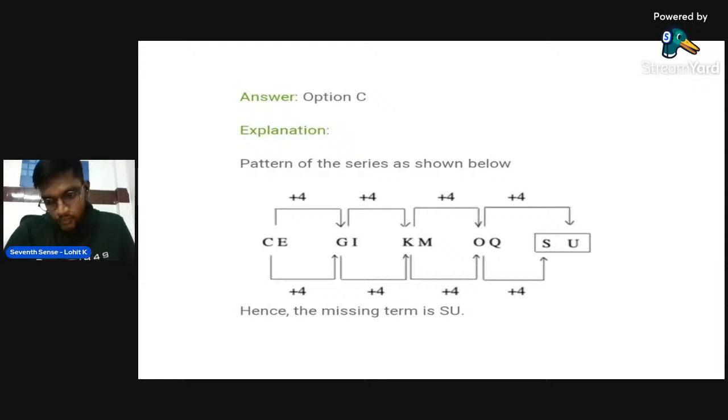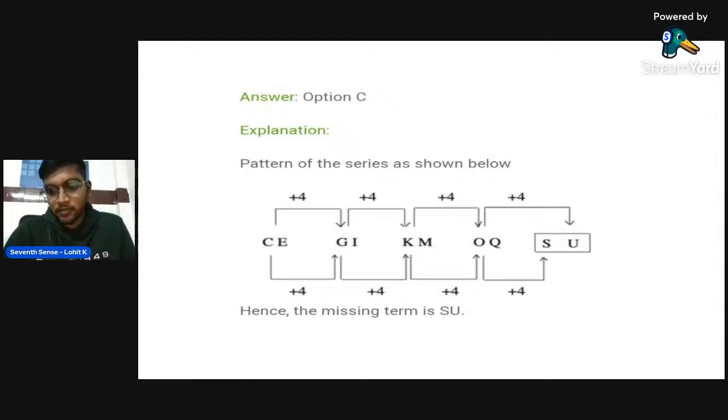8 minus 2 is equal to 6, you're saying. C plus 1, E plus 1, G plus 1, S plus 1.